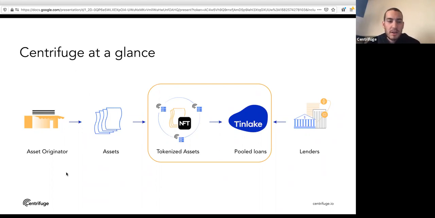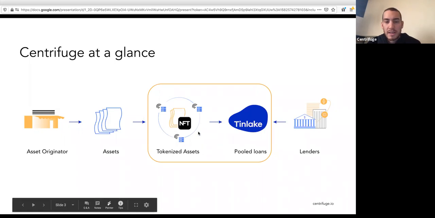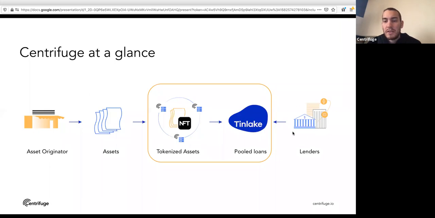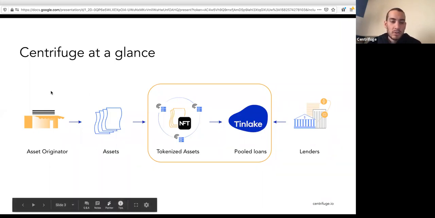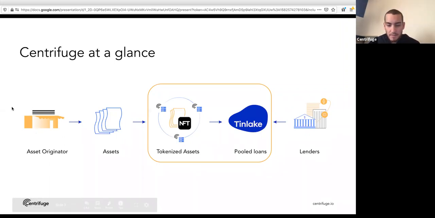So essentially, you have these asset originators that can create these assets and bundle them in Tinlake, where lenders can invest in and make liquidity available to the borrowers that want to borrow money on these assets.